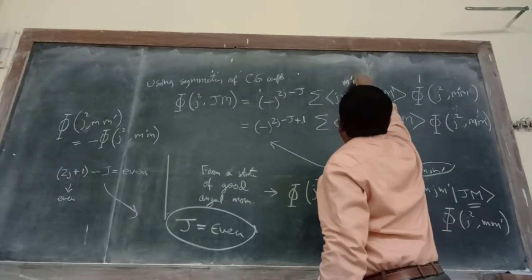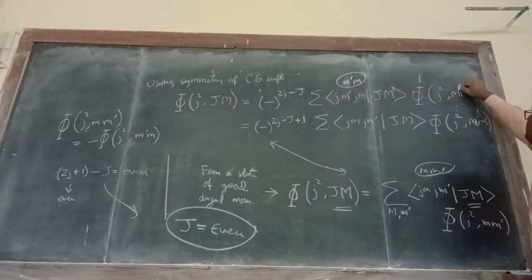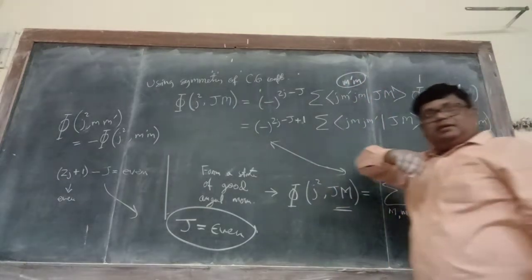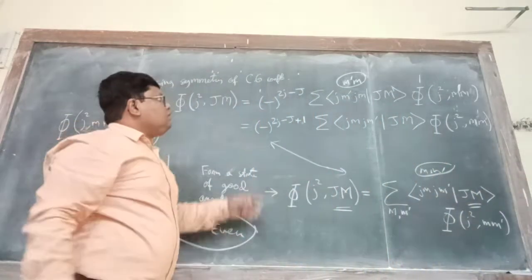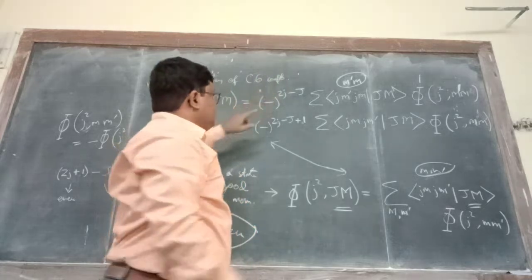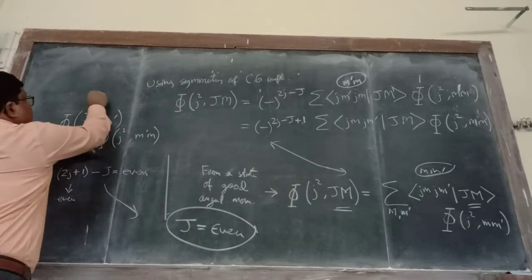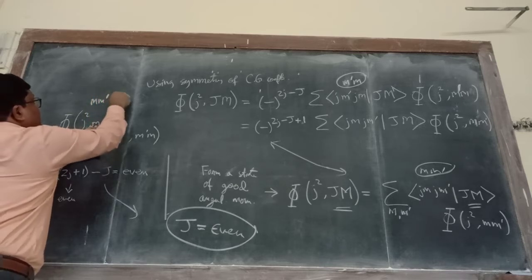The ordering is m prime m over here, m prime m, right? When I am using the symmetry property, m prime m, and this term is over there. Next, now I am using this property of conversion from m m prime to m prime m.